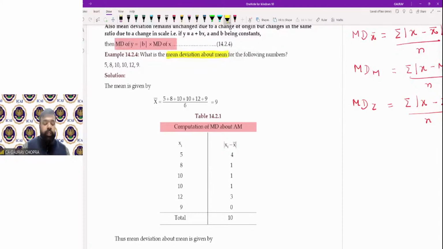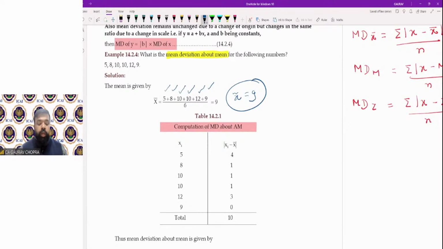So let us calculate arithmetic mean first. Add all the observations divided by number of observations. So 5 plus 8 plus 10 plus 10 plus 12 plus 9 divided by 6. So arithmetic mean, we are getting how much? 9. X bar is equal to 9.